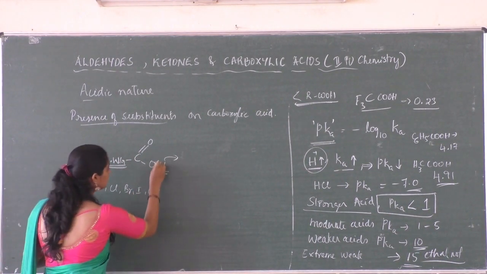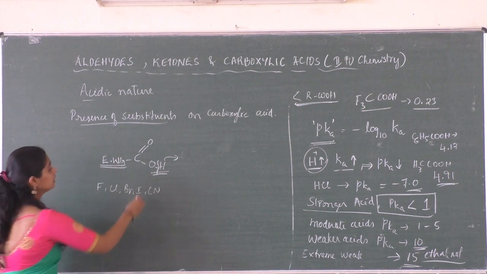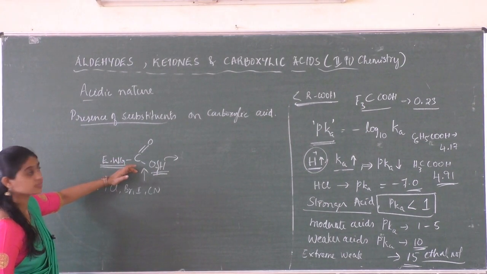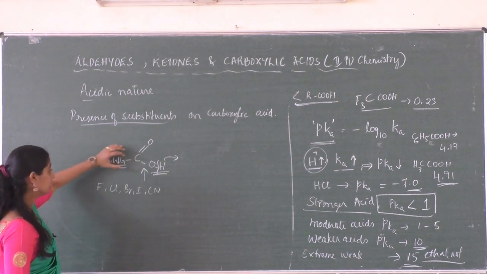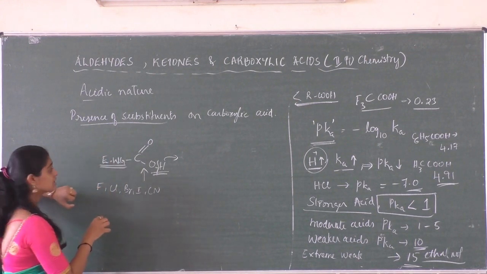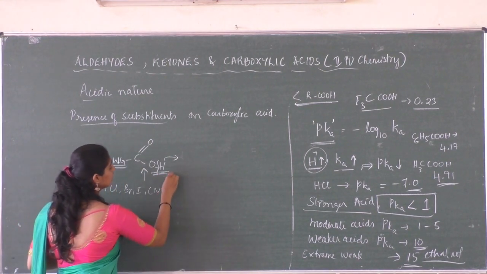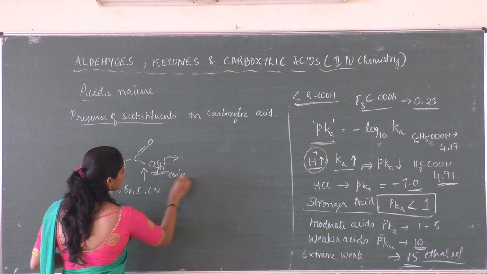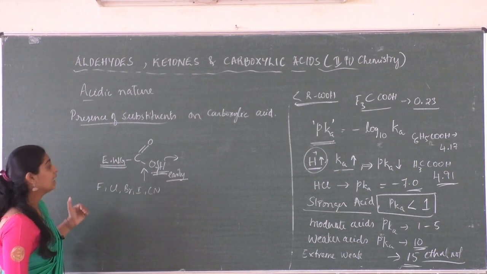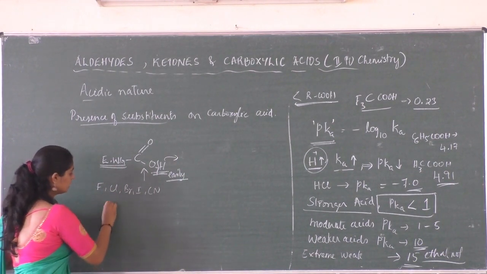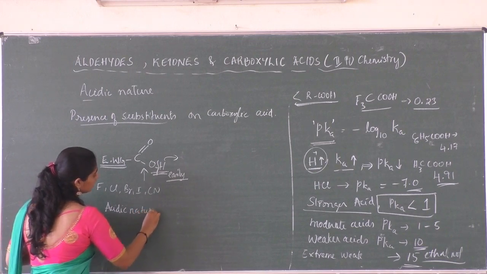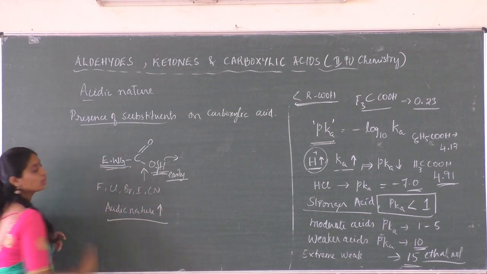This bond breaks easily, and therefore the stability of the carboxylate anion increases. So the carboxylate ion formed will be more stable, and therefore the acidic nature increases by the presence of electron withdrawing groups.